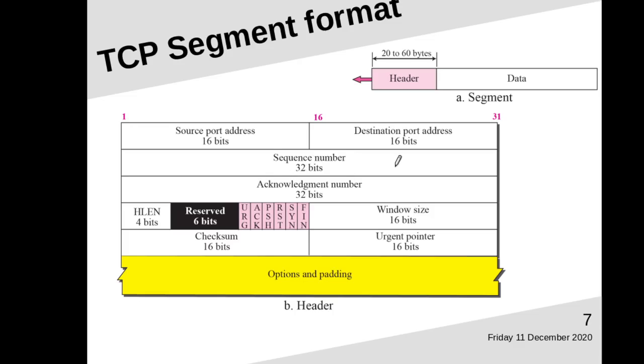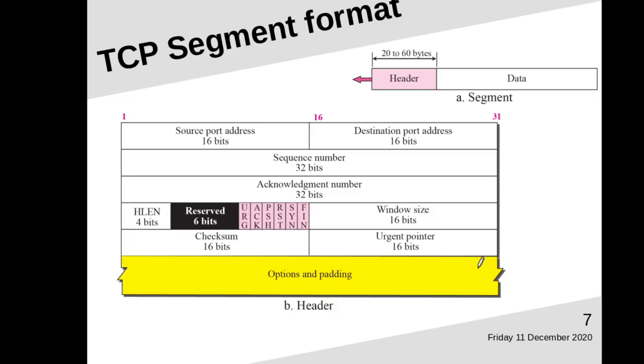Sequence number is another 32-bit field which defines the number actually assigned to the first byte of data. So this is the sequence number. Acknowledgement number is another 32-bit field which defines the byte number expected at the receiver of the segment.